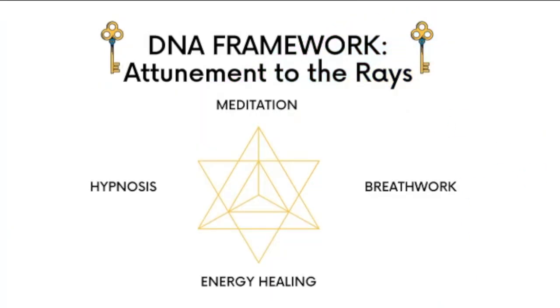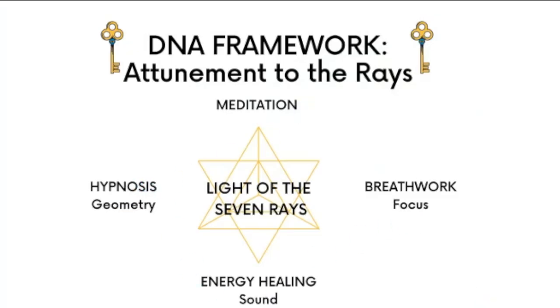Our specific framework that the crystalline light body activation takes place within is called the DNA framework. This part of the framework that we are working with today is our attunement to the rays. And our attunement to the rays happens through our focus on the sacred geometric form of the star tetrahedron and through meditation, hypnosis, energy healing, and breath work.